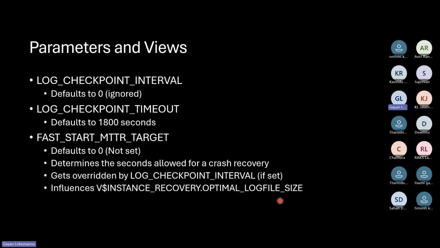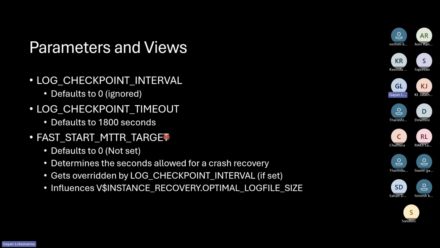Because if your log file size is small, then the frequency of log switching would be high. If your log file size is 50 MB, then your log switching would be faster than that of a log file size of 100 MB. So by changing the size of the log file, we can influence the instance recovery time. Hope you got that point.